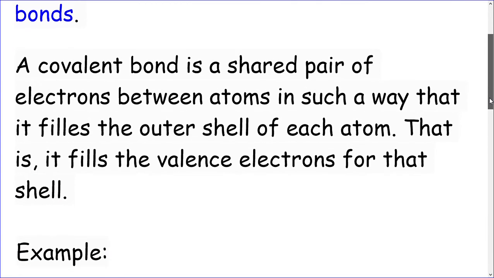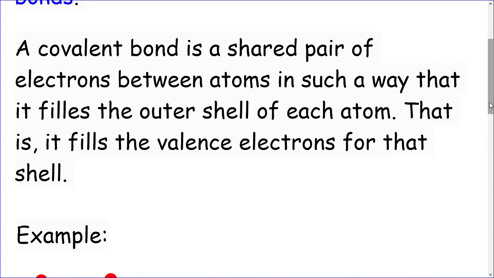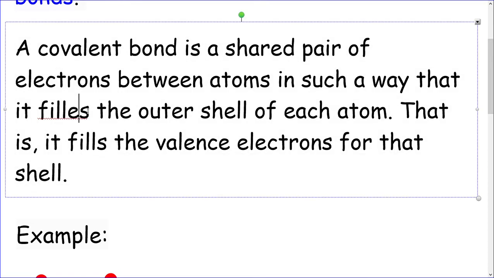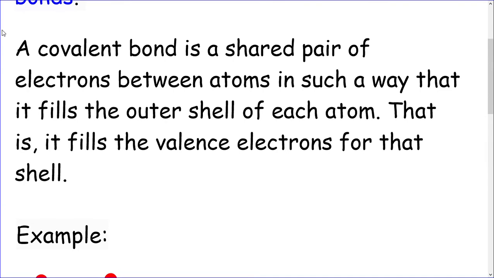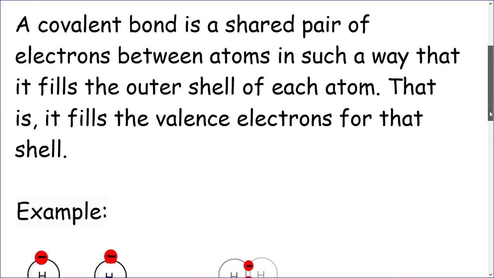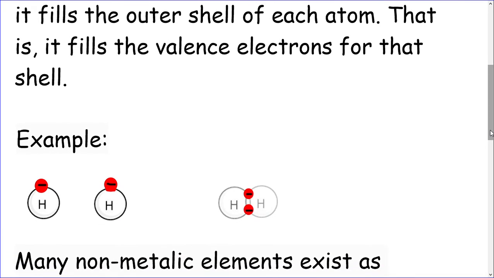So a covalent bond is a shared pair of electrons between atoms in such a way that it fills the outer shell of the atom. And just noticed, covalent does not have an E. That is, it fills the valence electrons for that shell. Let's take hydrogen for instance. Hydrogen wants to have 2 electrons in its outside shell in order to be stable.